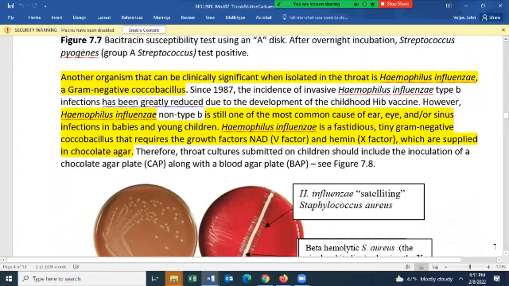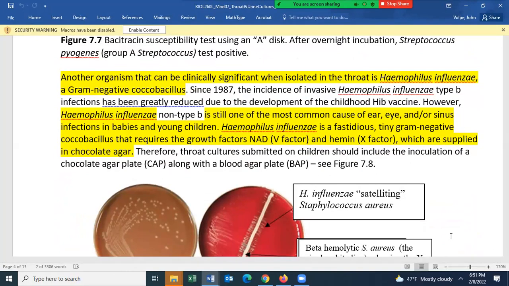Another organism that's clinically significant and isolated from the throat is Haemophilus influenzae. It's a gram-negative coccobacillus. Haemophilus influenzae is fastidious, and it will not grow on blood agar directly.